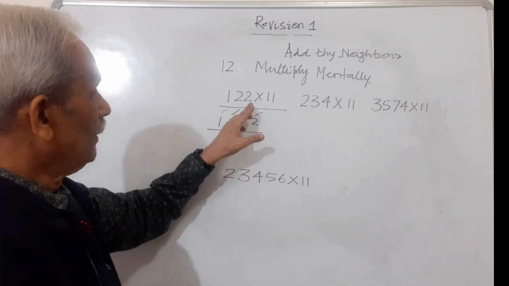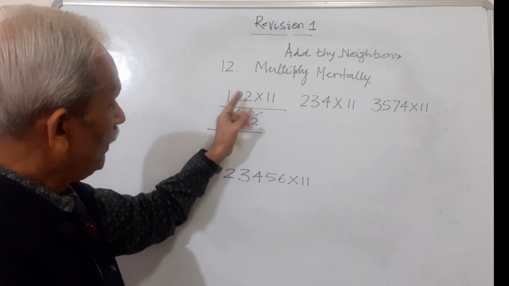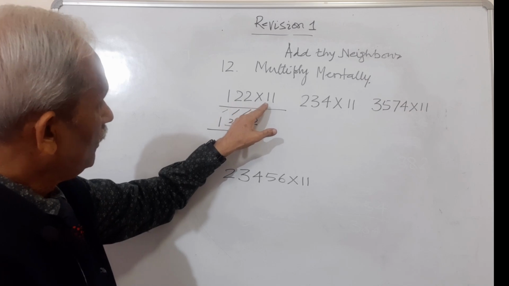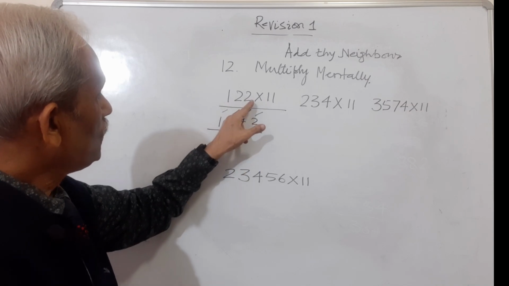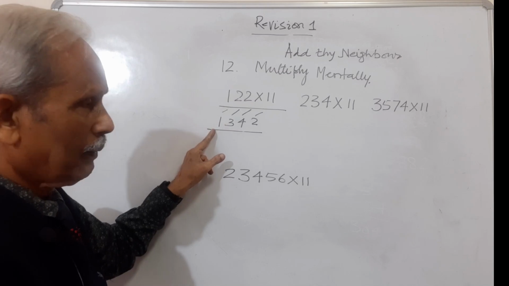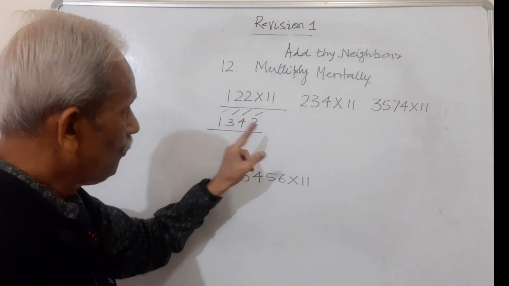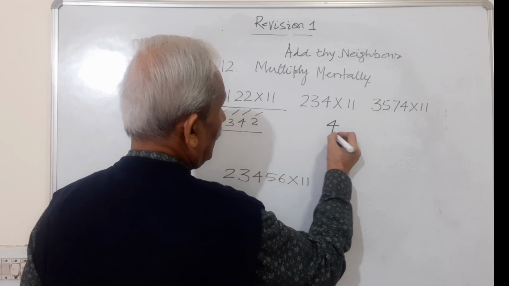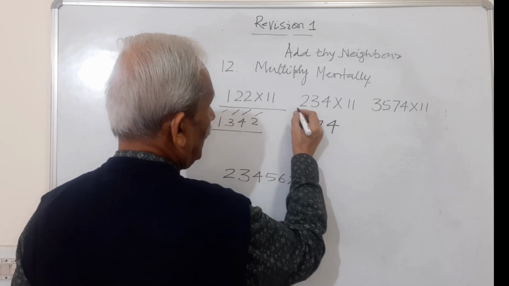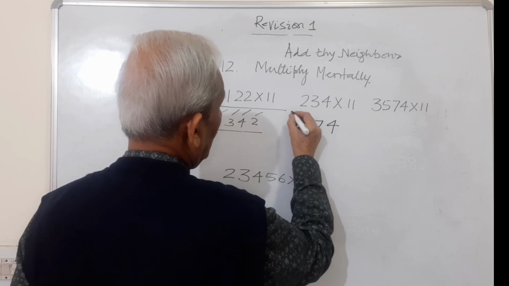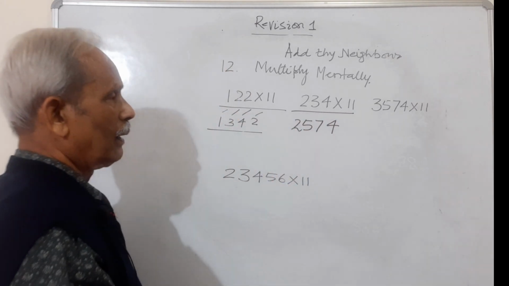Again, you have to see its right hand neighbor. Till the number is completed, you have to follow this. 4 plus 0 is 4, 3 plus 4 is 7, 2 plus 3 is 5, 0 plus 2 is 2, 2574. That is the answer.